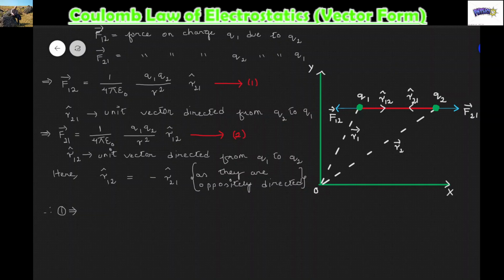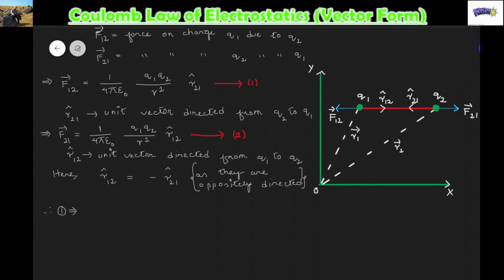Now I will be explaining and highlighting one important discussion and derivation and interaction on Coulomb's Law of Electrostatics. Coulomb's Law is a very important law in electrostatics which discusses the force of interaction between charges at rest.